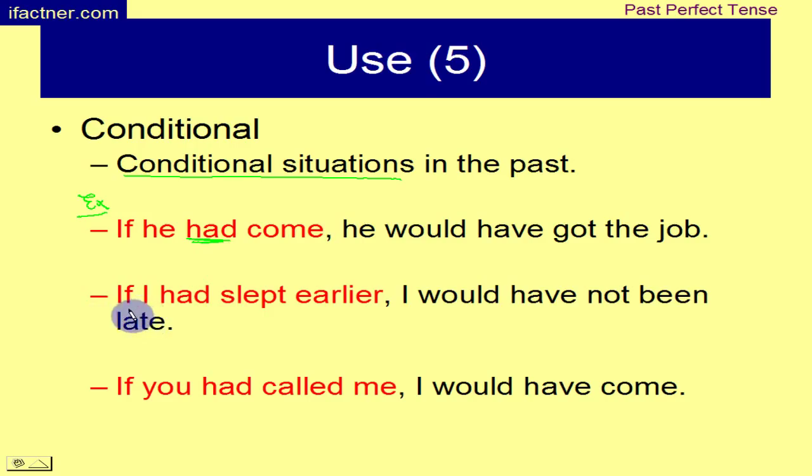Similarly, if I had slept earlier, I would have not been late. Conditional situation in the past. If you had called me, I would have come. Conditional situation in the past. So we use past perfect tense for the conditional situations in the past.